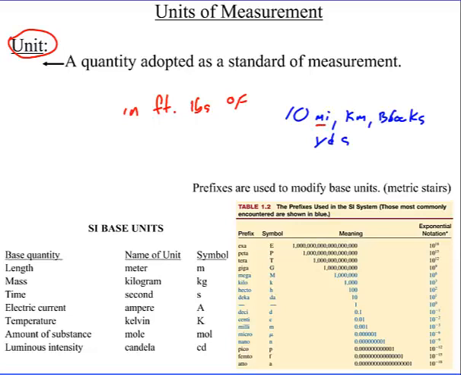Now, some of the units that we use are going to be familiar to you because we've been using the metric system for a lot of years. We haven't ever converted over to it, but we still use it in science all the time. So there's some ones down here you might recognize. For example, you might recognize kilo, like a kilogram. If you're into computers, you will have recognized mega, as in megabytes and gigabytes.